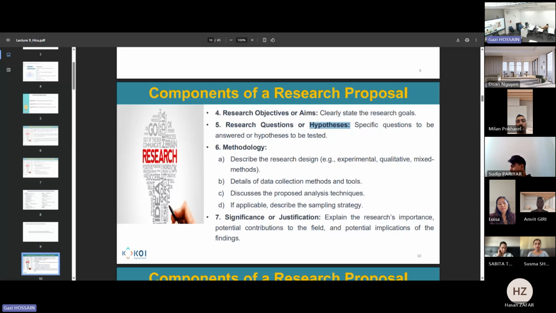Therefore, we have two hypotheses. One is the alternative. In the alternative hypothesis, I said that there is a relationship. We are saying Amrit likes his pet. That is the alternative hypothesis. Null hypothesis: Amrit doesn't have any relationship with his pet. Amrit doesn't care about his pet.